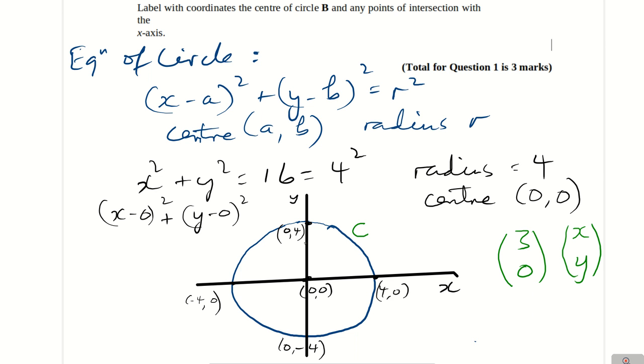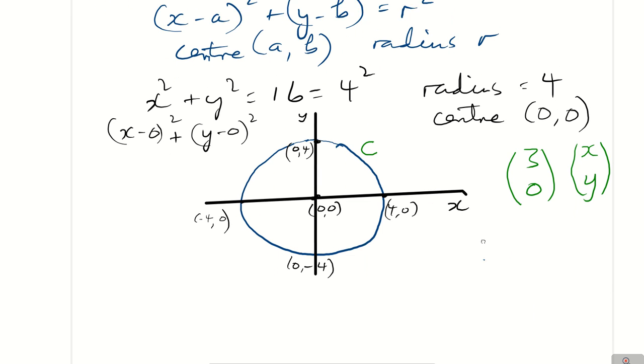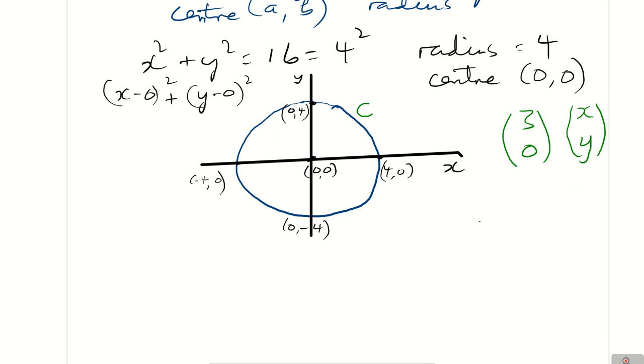And if we draw that, that should tell us what circle B looks like. Before putting the axes in, I'll draw it freehand because I think it might be a little bit easier. Not great, but something like that.